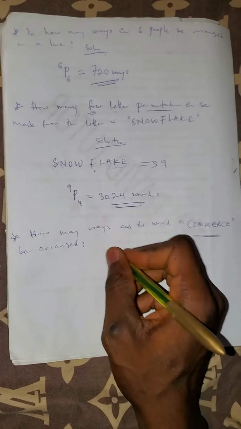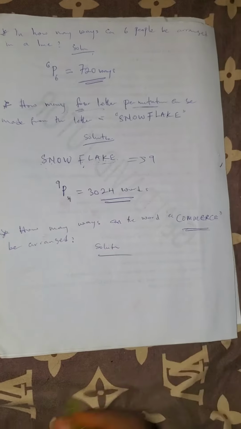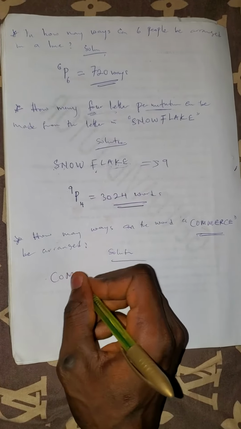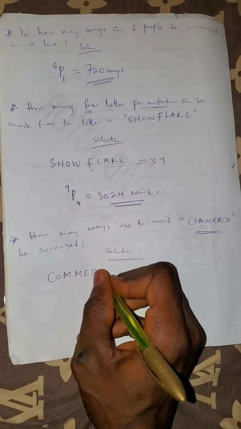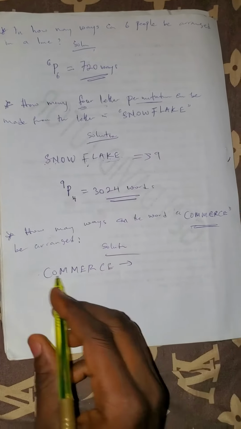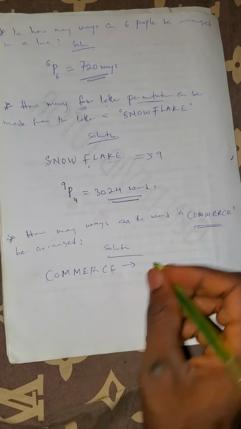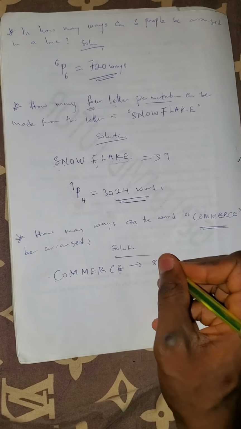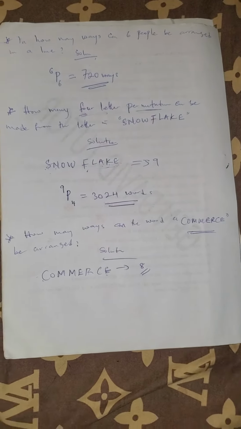Now let's see. Commerce entails 1, 2, 3, 4, 5, 6, 7, 8. So we have 8 letters from the word commerce.